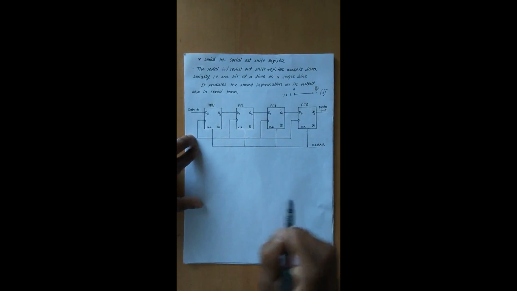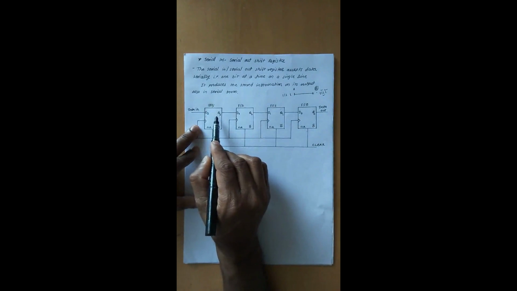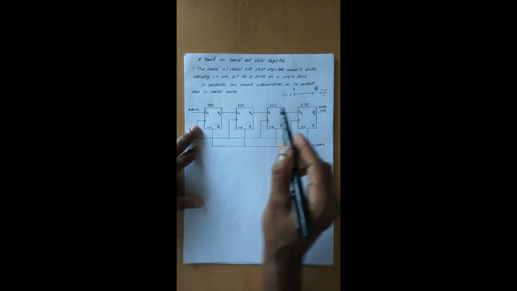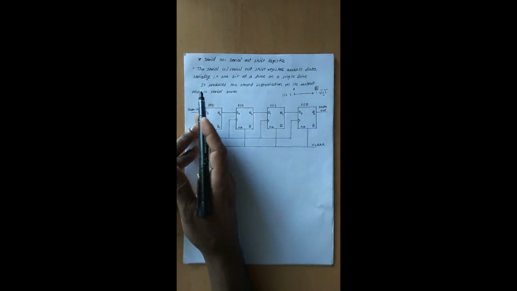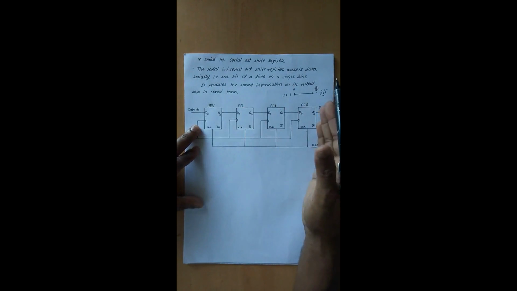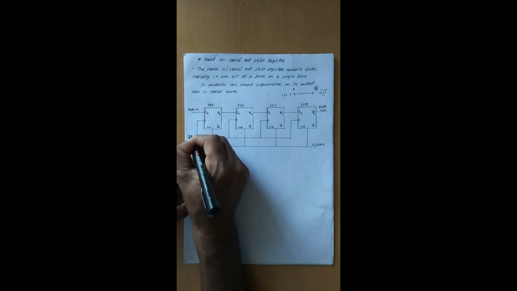So what is the construction? The output of the first flip-flop is input to the next, the output of the second is input to the next, and so on. In this way, data is serially transmitted from one stage to the next stage, so it is called serial in, serial out. This is called the clock.